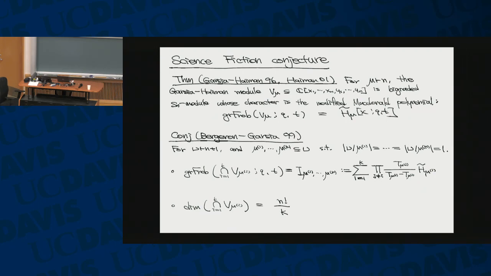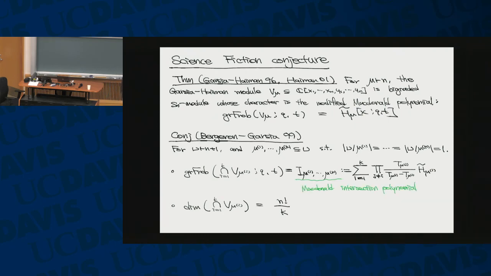And Bergeron and Garsia conjectured that for the intersection of those k Garsia-Haiman modules, the dimension of it is n factorial over k, and the graded Frobenius character, which I denote by I mu1 through mu k, can be computed in this fashion. And this, in particular, generalized the Macdonald intersection polynomial that I mentioned in Butler's conjecture.